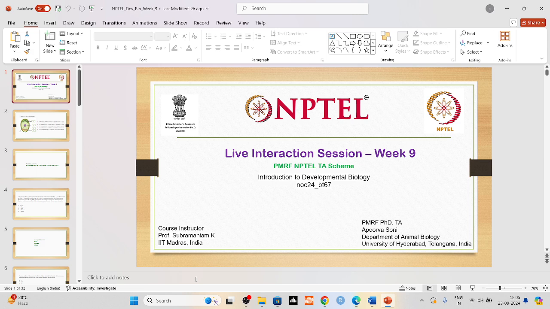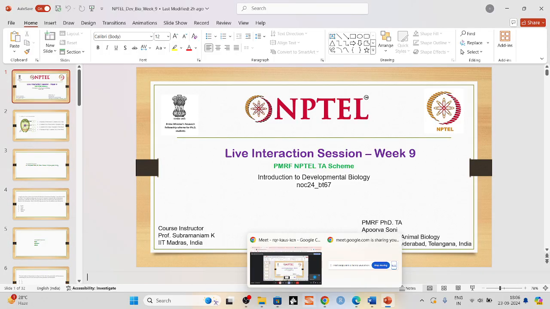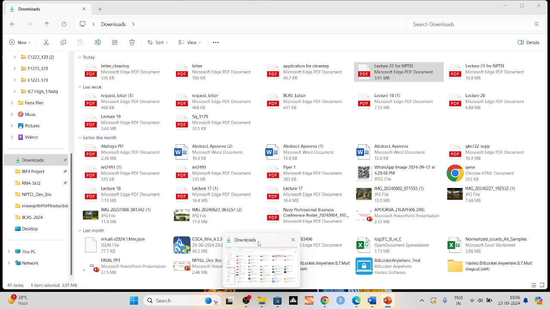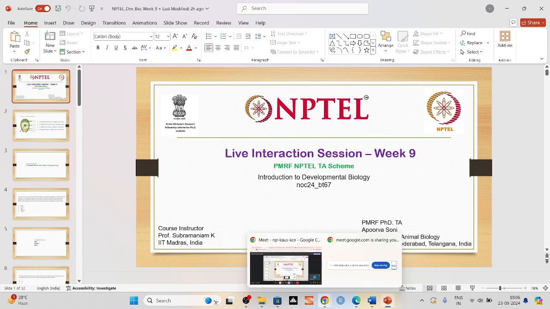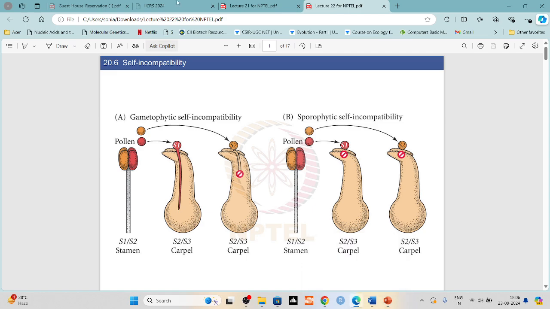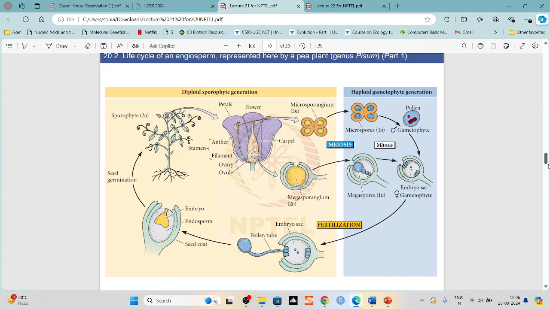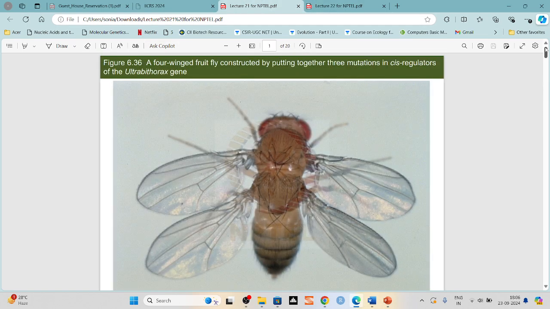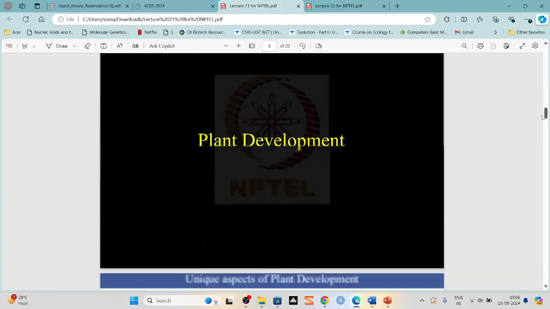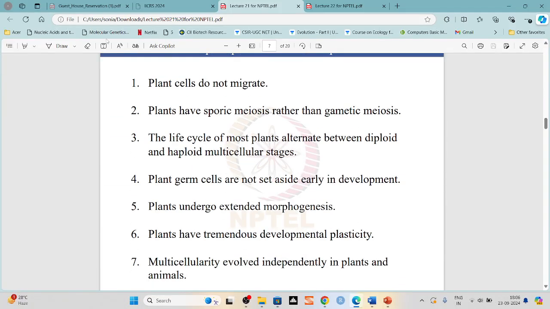Now, some important points before starting the discussion that we should keep in mind whenever we are studying plant development.